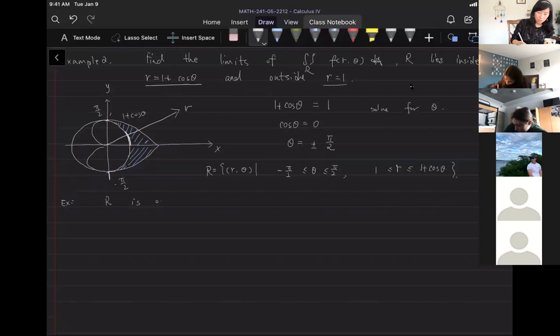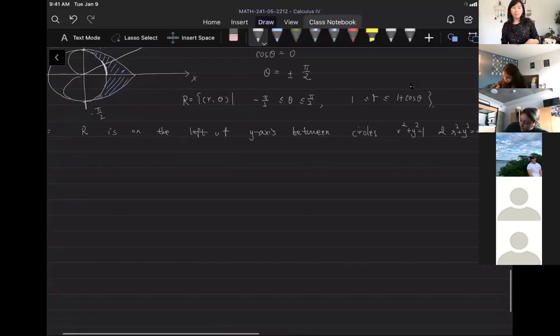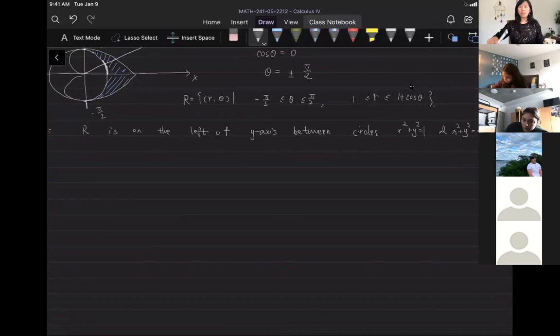R is on the left of the y-axis, between two circles, and those two circles are x squared plus y squared equals 4 and x squared plus y squared equals 1. Please sketch the graph by yourself and then find the limits or the boundaries for R and theta.